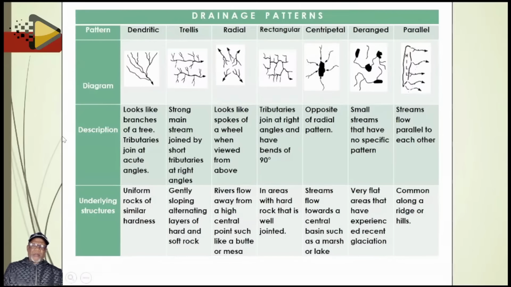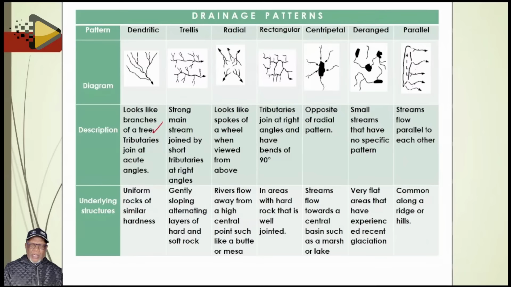Let me quickly look at the characteristics of drainage patterns. Sometimes in an examination, they want you to give characteristics of those patterns. Now, the dendritic pattern, what are the characteristics there? It looks like the branches of a tree.